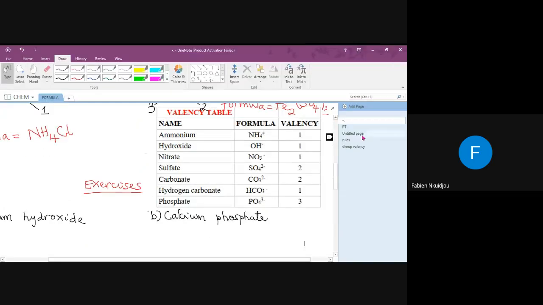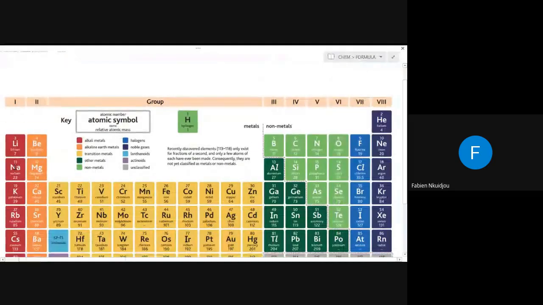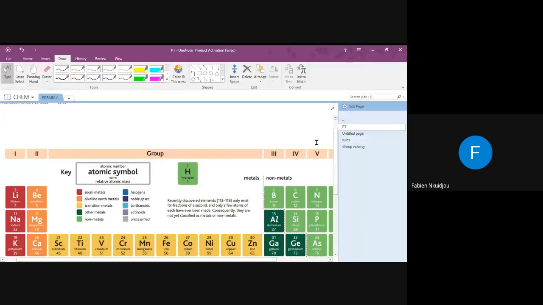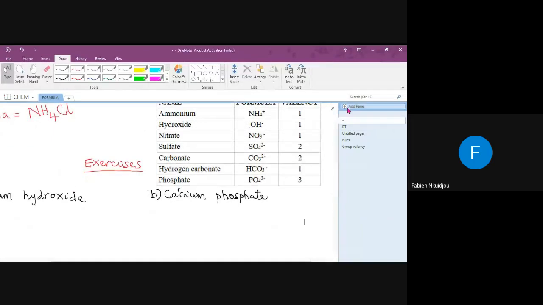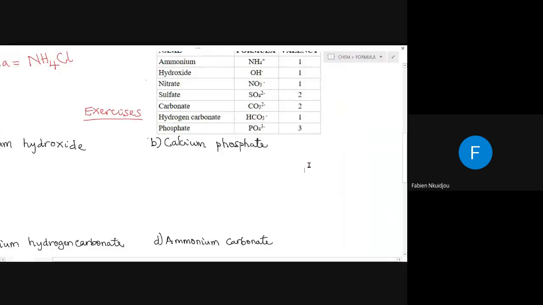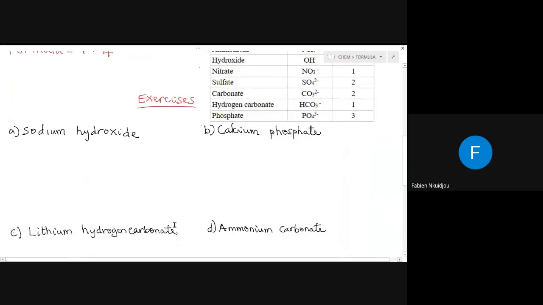So sodium, let's get to the periodic table, in case you've forgotten the chemical symbol for sodium. So this is it. Sodium is Na, and it is in group 1. So what will be the valency for sodium? It will be 1, of course. So let's get it. So for sodium hydroxide, we have this.